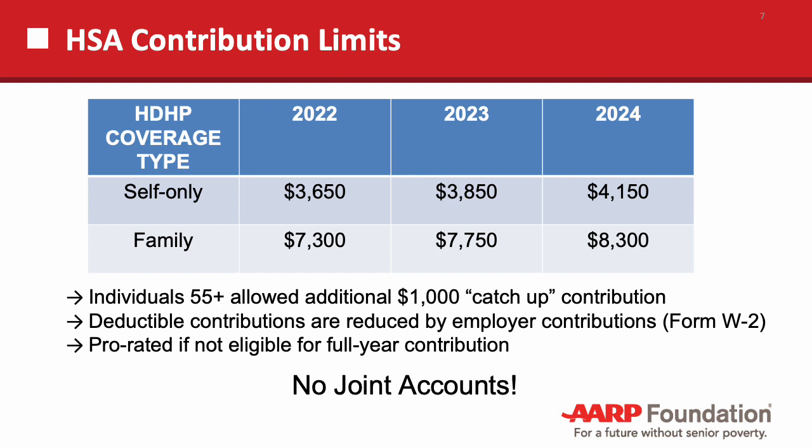Individuals who are 55 or older are allowed to make an additional $1,000 catch-up contribution to their account each year. Contribution deductions are reduced by the amount of employer contributions reported on Form W-2. Now, HSA contributions are limited to the number of months a taxpayer is eligible during the tax year. Let's look at prorating allowable contributions, but remember, there are no joint HSA accounts.